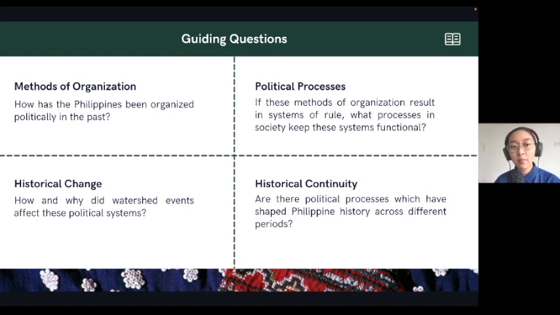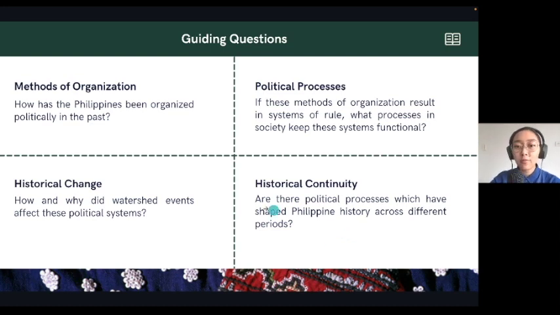As we mentioned earlier, these are major transformations that shift the way life is organized under the same banner or the same category of political systems. But besides change, we also know that history tells us about certain continuities, or ways that practices, beliefs, and attitudes are carried over into future ways of life.